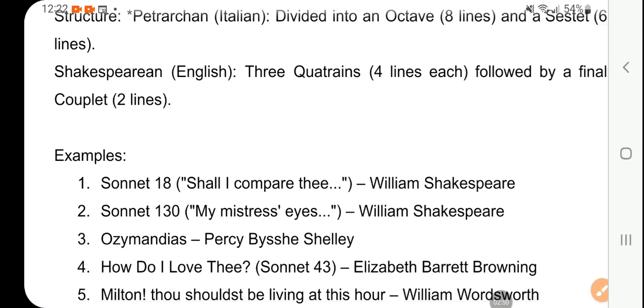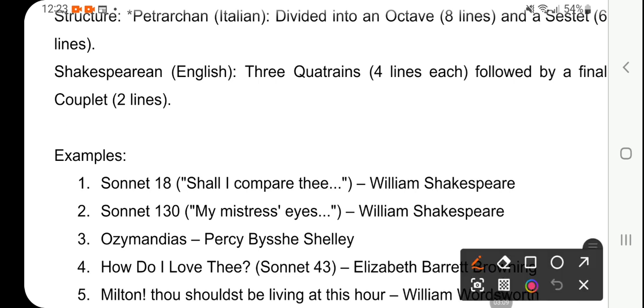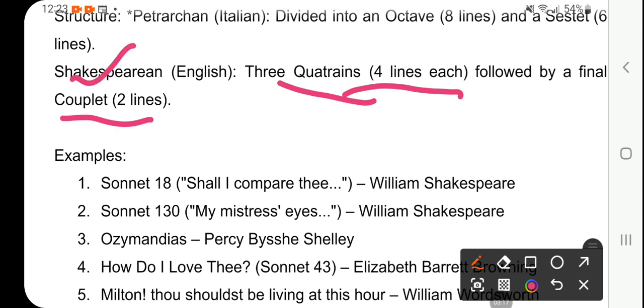Shakespearean English: 3 quatrains. Either this Petrarchan Italian or 14 lines can be divided into 3 quatrains, 4 lines each, followed by a final couplet, 2 lines. Couplet is 2 lines, right? This style was adopted by Shakespeare, and that is why it is called Shakespearean sonnet, right?